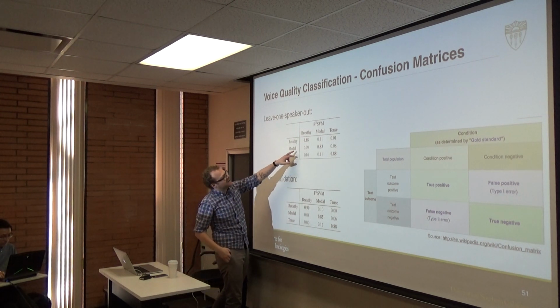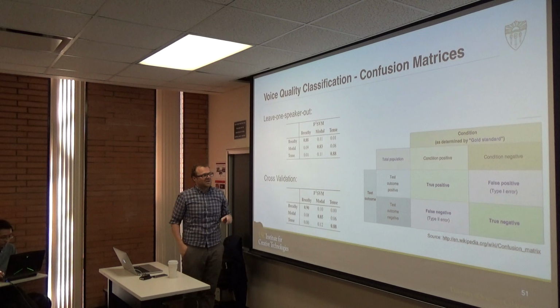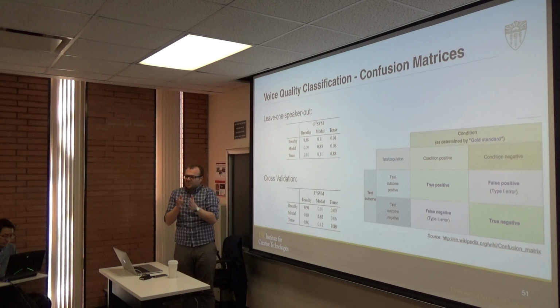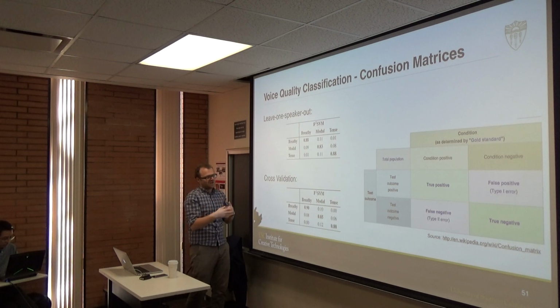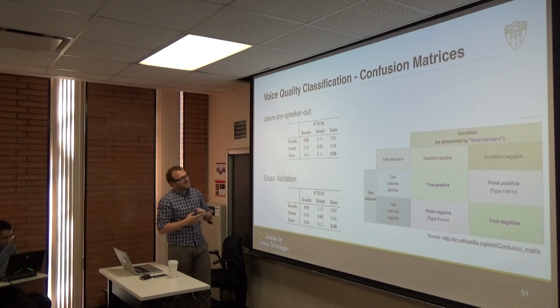And in this case, if it's speaker independent, it might be because a person's modal voice might be more tense or more breathy, depending on the person. Okay, so you can learn a lot from these types of visualizations.